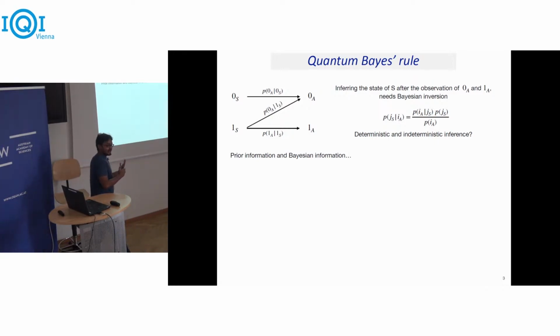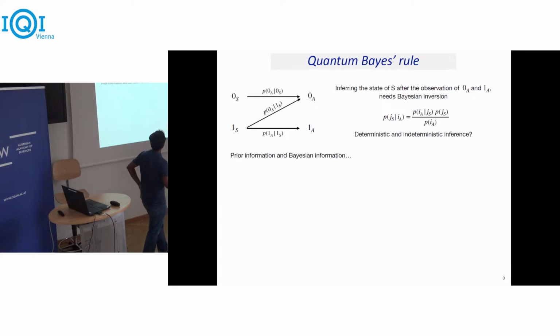Okay, so how mathematically you essentially claim this actually comes from something called the Bayesian inversion, where implicitly the Bayes rule is used. So if you think in this way, this is the forward conditional probability, then I multiply with the initial probability with which this 0S is appearing, and then divide it by the probability that I'm having here on the other side, and based on that I actually find out the reverse or retrodicted conditional probability.